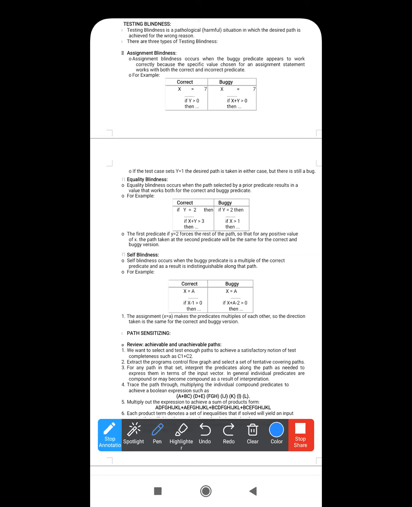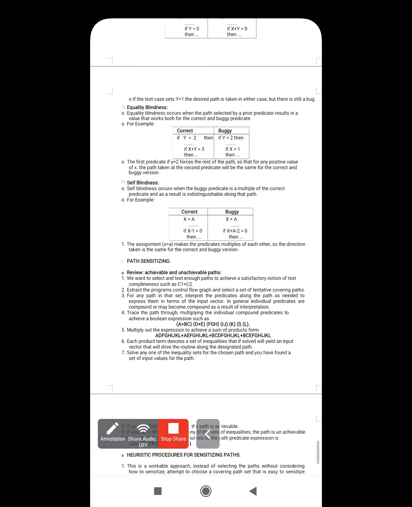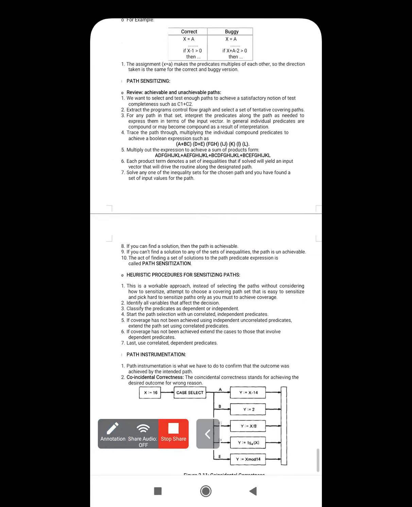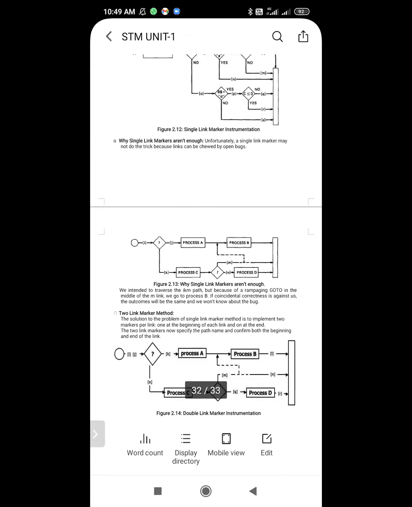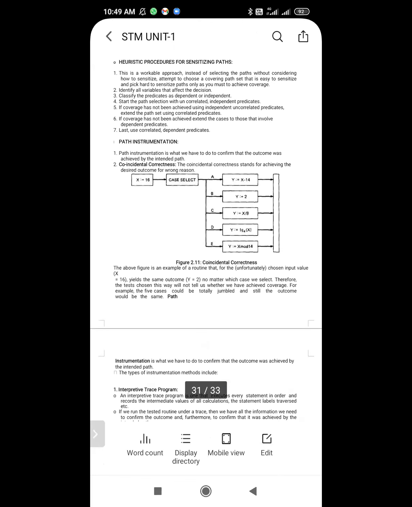Next one, path sensitization. Now wait for a second.